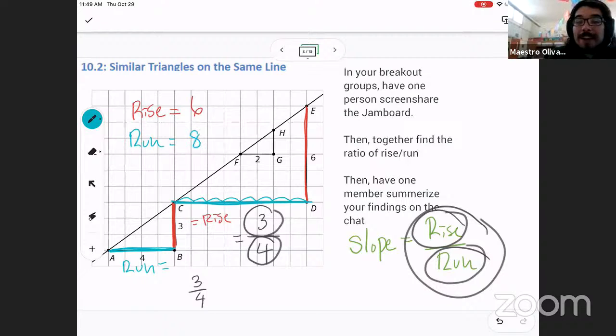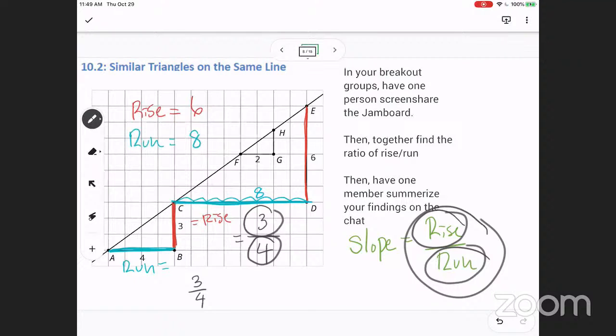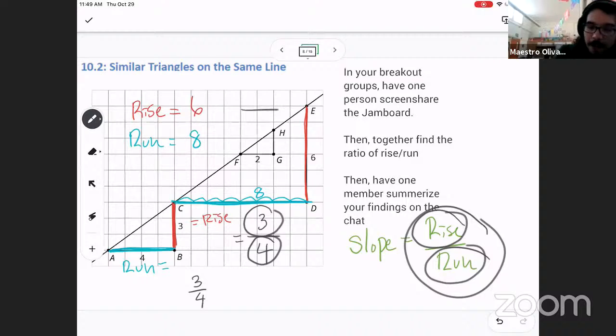So what's the fraction? What's going to be the fraction? ¿Qué va a ser la fracción cuando escribimos el slope? Fracción. So va a ser algo sobre algo. ¿Qué va a ser la proporción? What's going to be the proportion?